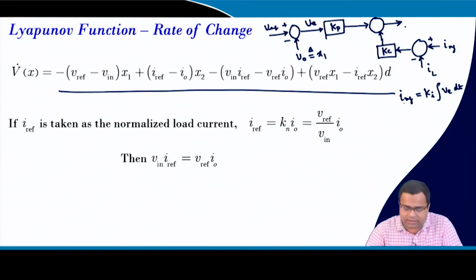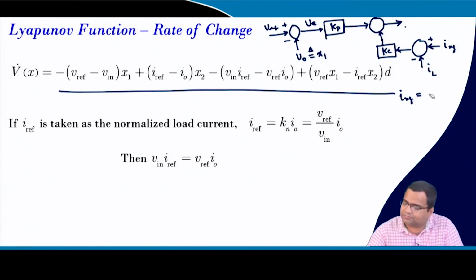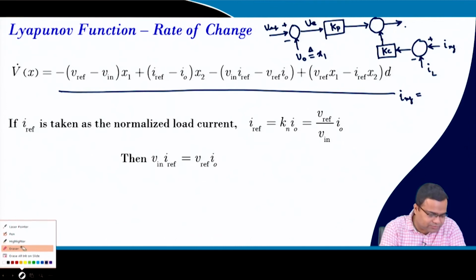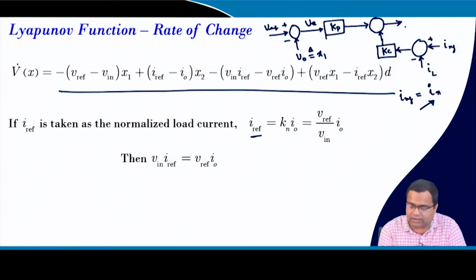So, here we are considering this quantity to be the normalized load current. So, this is my normalized load current I reference, which is nothing but the normalization factor into the load current, and for a boost converter the normalization factor is V ref.